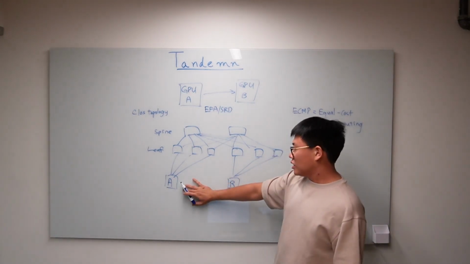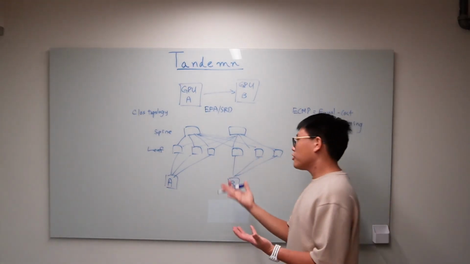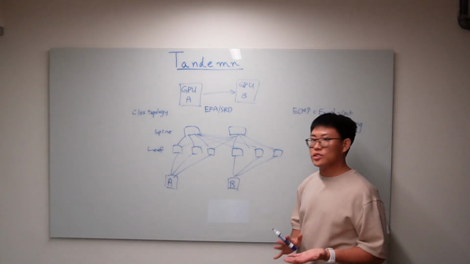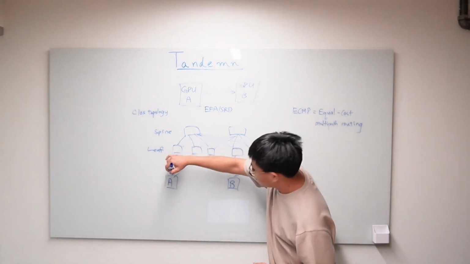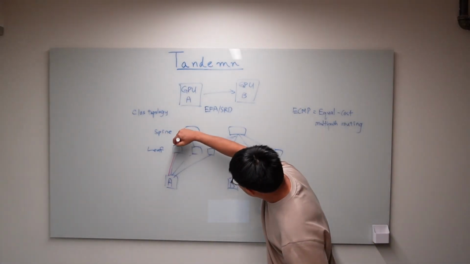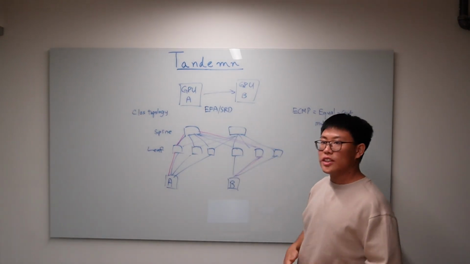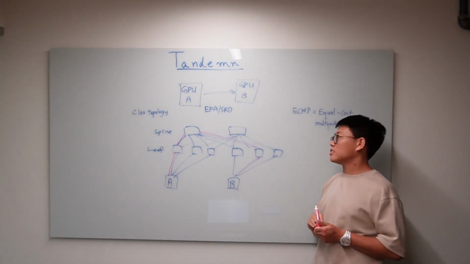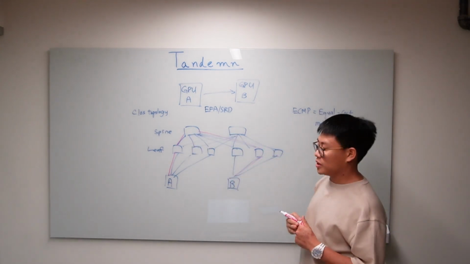So it knows some information about node A, some information about node B, and some information about the application that is trying to send stuff from A to B, and it will hash that and use that to determine maybe a fixed path from A to B. For the rest of the same application, all the packets on the same application, ECMP tries to use the same path to go from A to B.